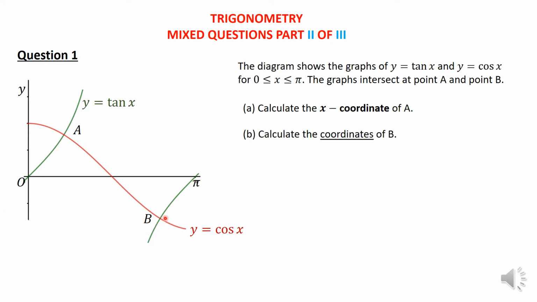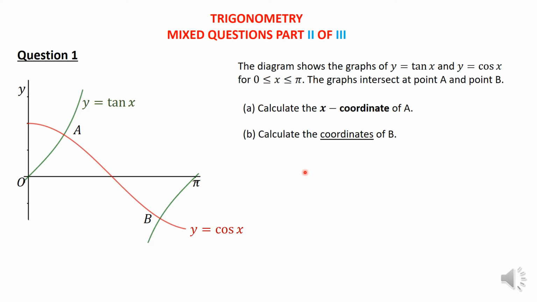Well, by just looking at where point B is, you do expect that the y value should be negative. That is obviously common sense. And then also the angles must be positive because you have got from 0 to pi radians or 0 degrees to 180 degrees.